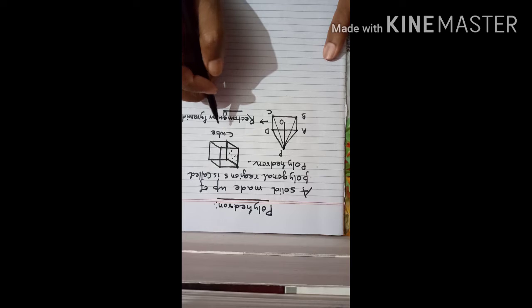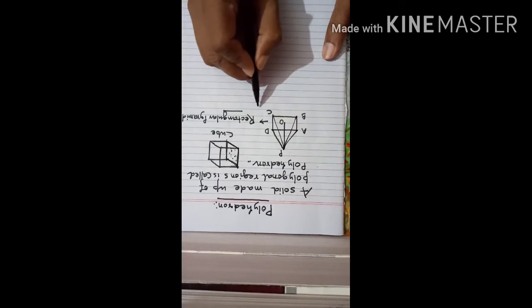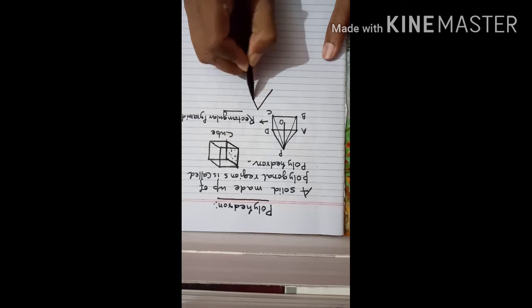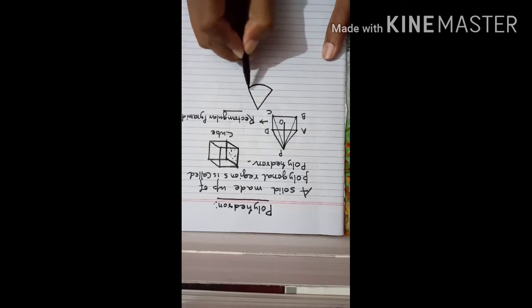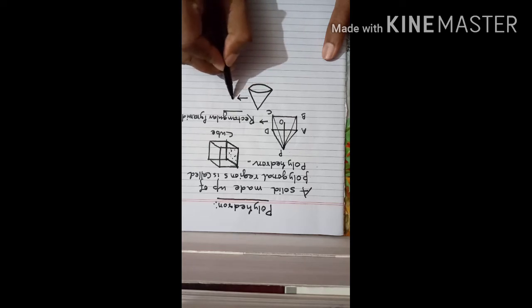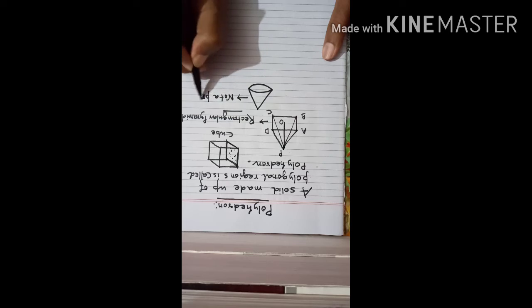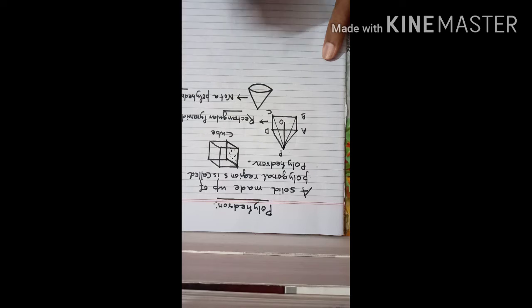But keep in mind, a cone, a right circular cone, this figure is not a polyhedron. Okay, this is not a polyhedron.